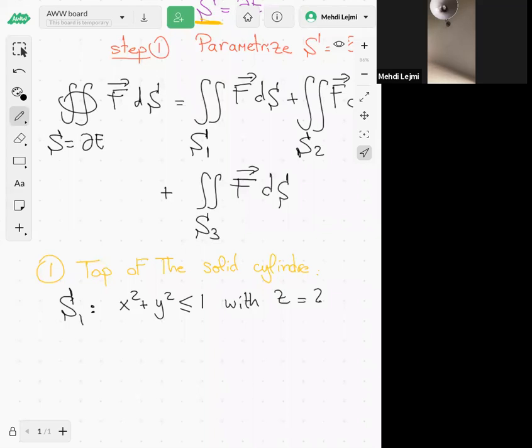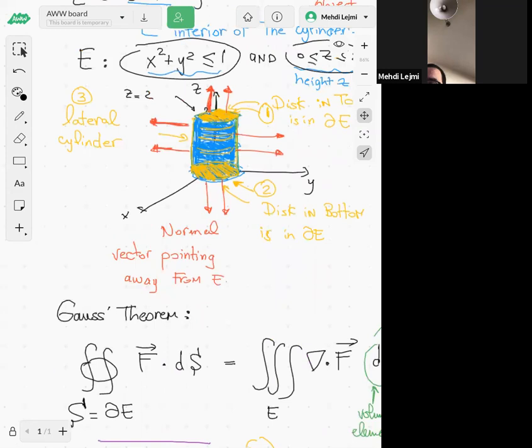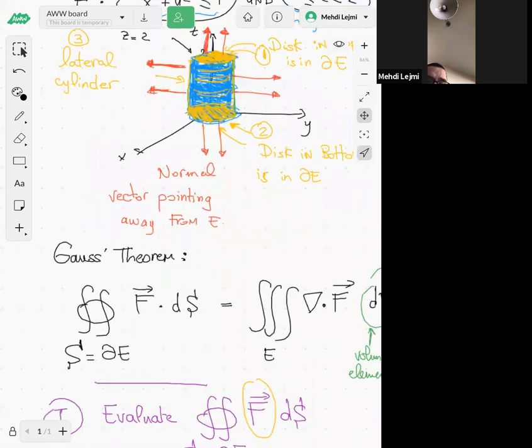And how do we orient this disk on the top? The k component must be positive, because it's upward. The component which corresponds to the z coordinate is positive.